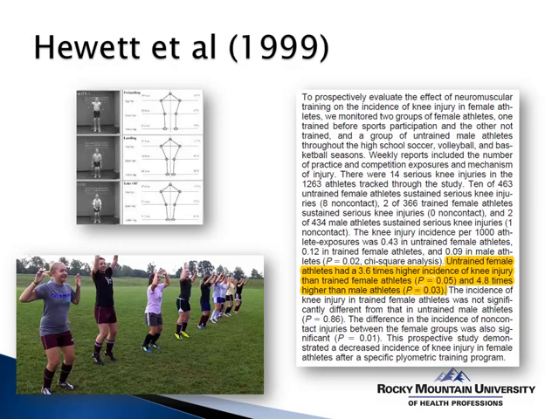So what they showed was essentially those female athletes who participated and trained with that neuromuscular training program, their risk of injury decreased, and it was now equivalent to male athletes. Very, very important study that also led to additional studies on the topic.